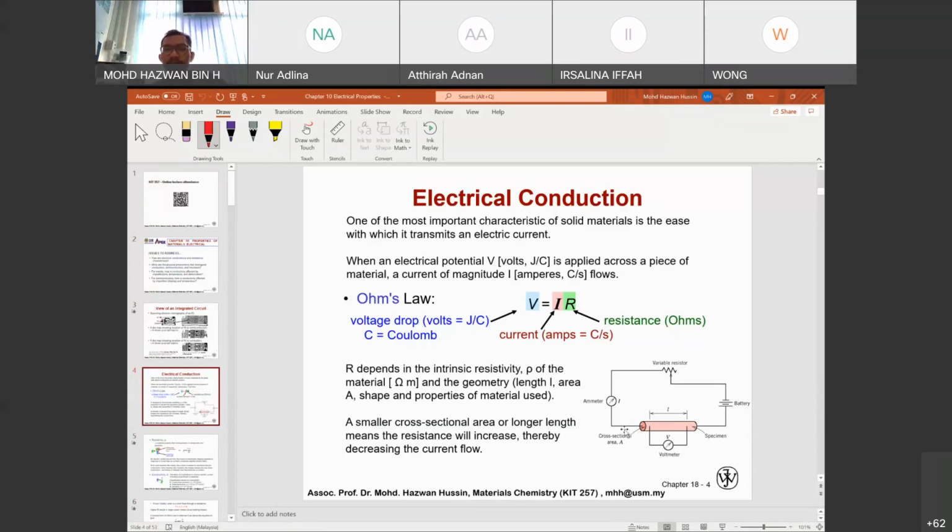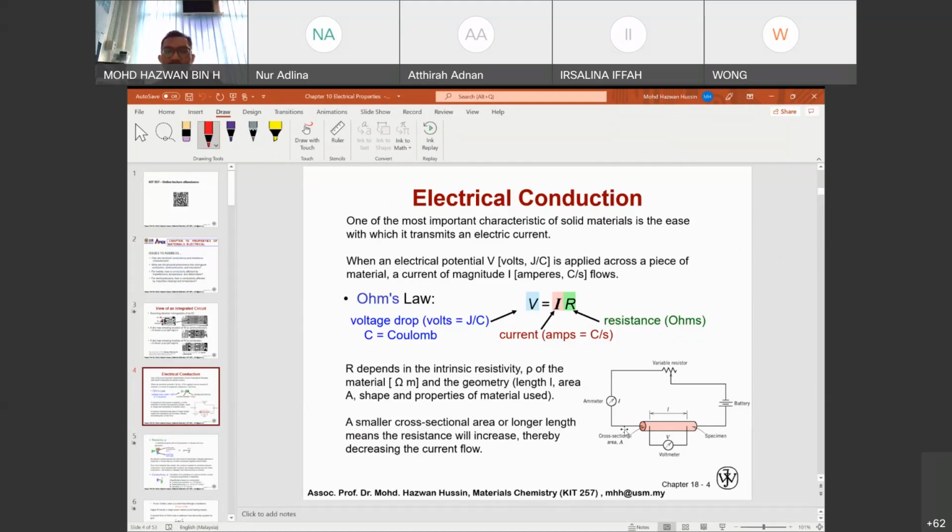So that is why in physics you have learned Ohm's law: potential is equal to current multiplied by resistance. Okay, V equals IR, where V is the potential in volts, I is the current in amperes, and R is the resistance in ohms.